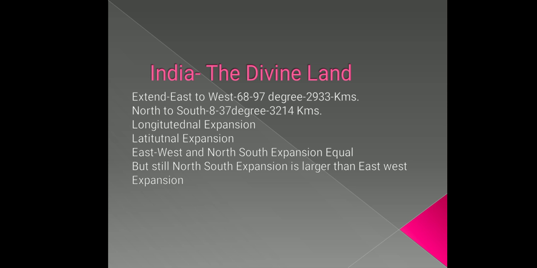The reason is the latitudinal lines are parallel, so the difference does not increase or decrease. There is no change in distance. While in longitudinal expansion, the longitudinal lines go narrower while going towards the poles. So east-west expansion is lesser while the north-south expansion is more.